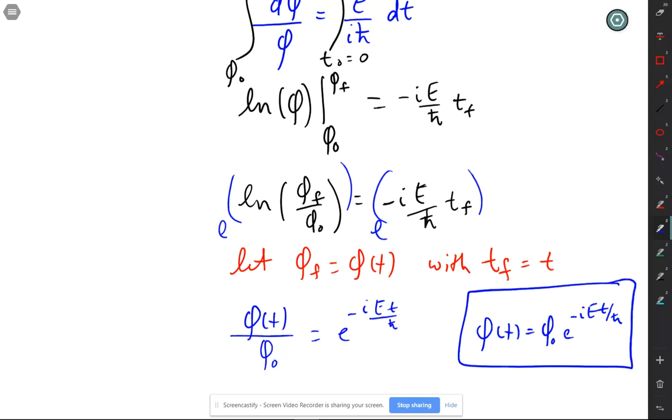Now, when you look at that, it may or may not ring a bell to you. That is a sinusoidal variation. e to the i theta is equal to cosine theta plus i sine theta. So this is a sinusoidal variation.